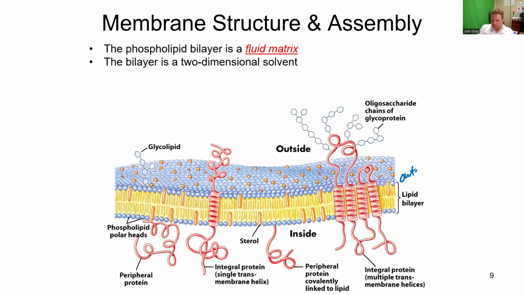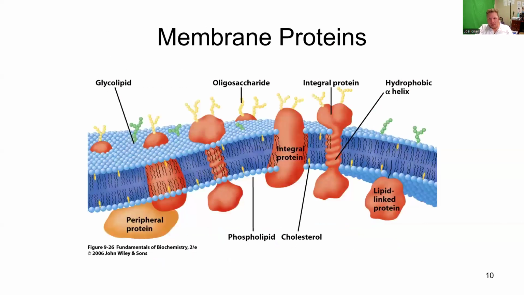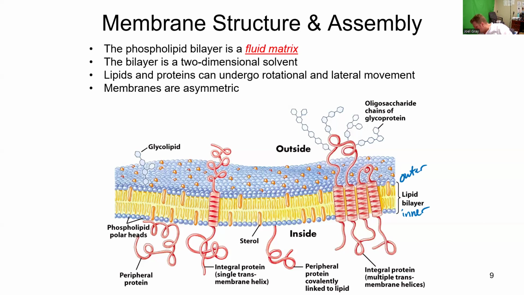We've got our outer leaflet and our inner leaflet, corresponding to the outside and the inside of the cell. Lipids and proteins can undergo rotational and lateral movement. So they can go from one side to the other. Membranes are asymmetric, but this captures your major components and where they're going to be found.